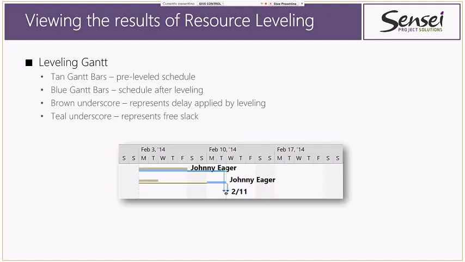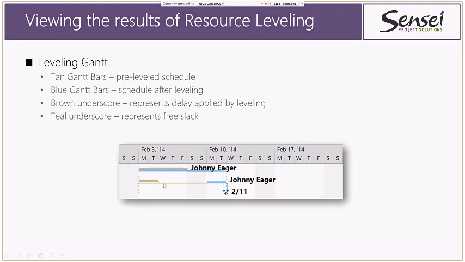Thank you. All right, so in the leveling Gantt view, let me just explain what you're looking at. The tan Gantt bar, this guy right here, shows me what it looked like before I leveled. The blue bar shows me what it looks like now after I've leveled. And then the underscores show me either the delay that's been applied or the free slack that's available.